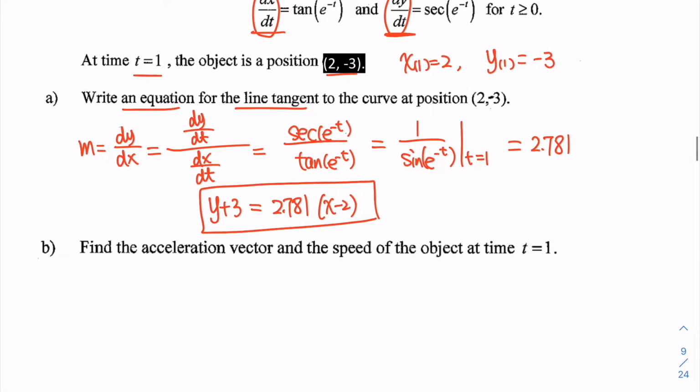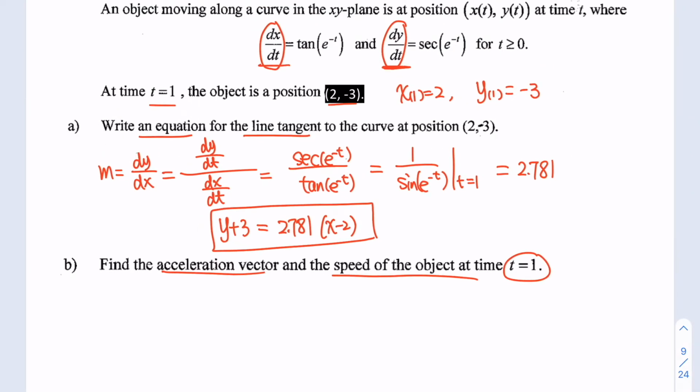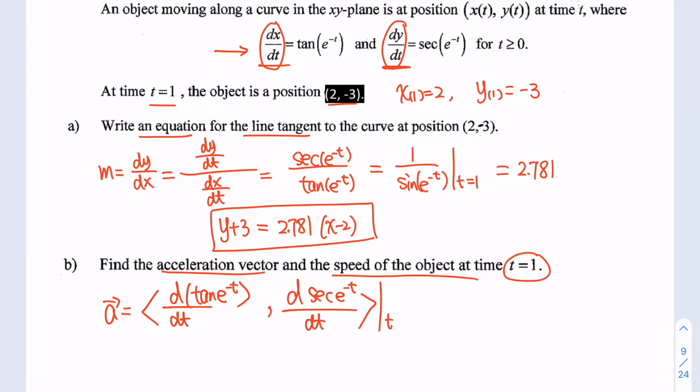Part B, find the acceleration vector and the speed of the object at t equals 1. The acceleration vector is the derivative of the velocity. So the acceleration vector is given by the derivative of tangent(e to the negative t) and the derivative of secant(e to the negative t) with respect to t at t equals 1.